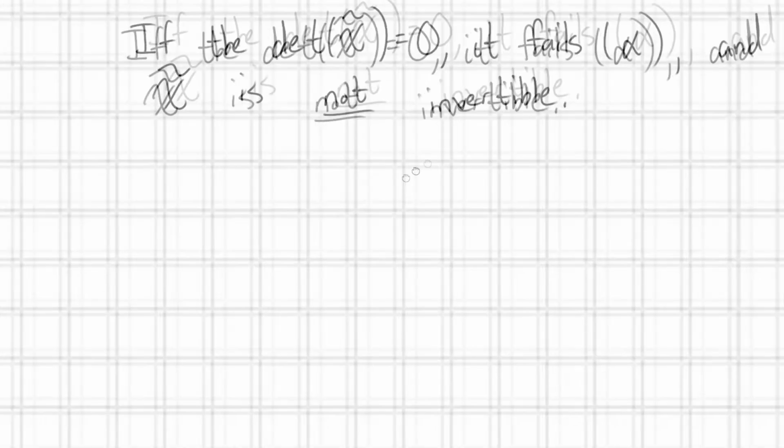Okay? So now let's return back to the equation that we had before. So we had A minus lambda I acting on V is equal to 0. So this was our condition for an eigenvector V with eigenvalue lambda.